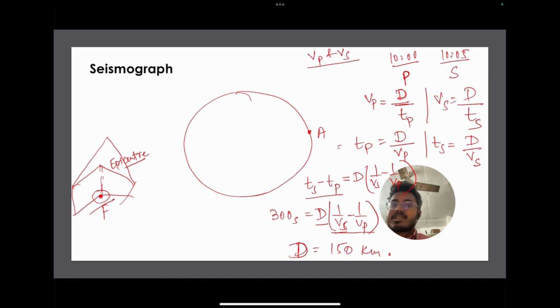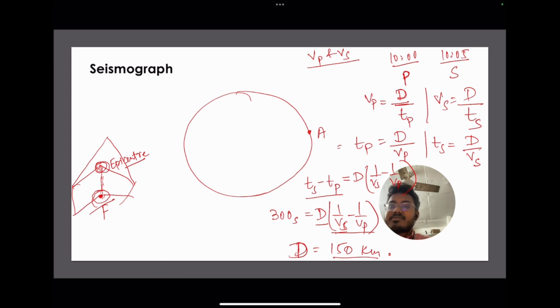This depth is adjusted, and then we use this distance as the distance between the epicenter and the seismometer.